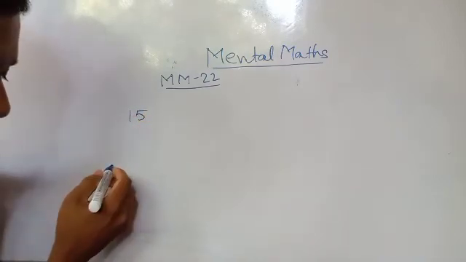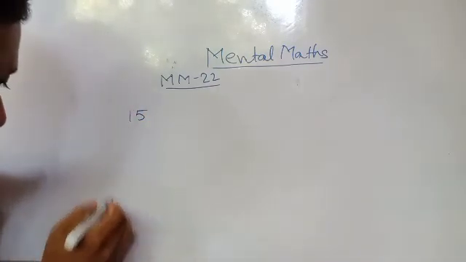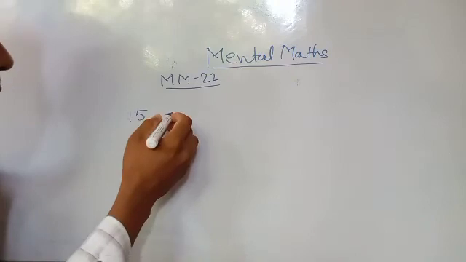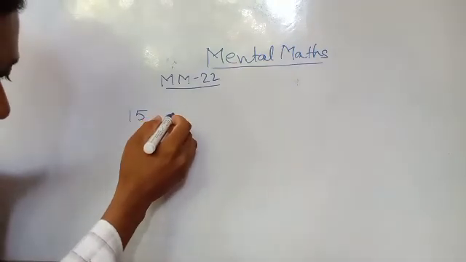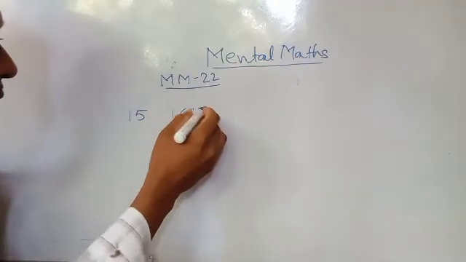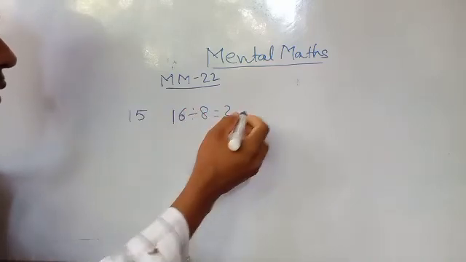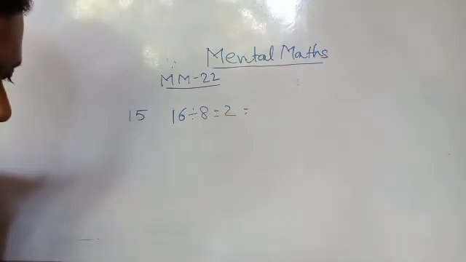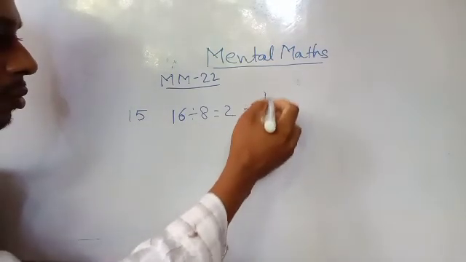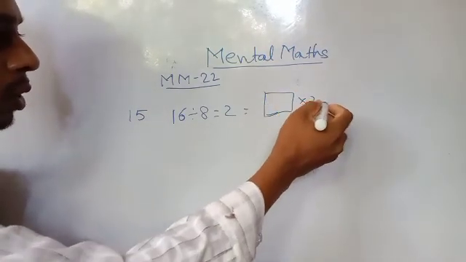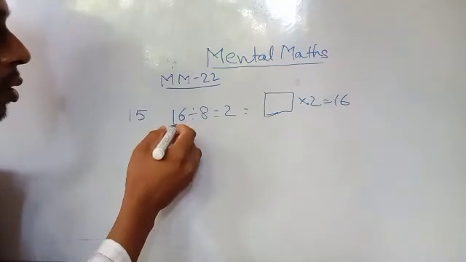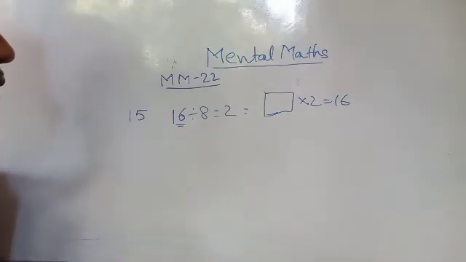Number 15. You have to find the multiplication fact for the division fact. The division fact given is 16 divided by 8 is equal to 2. Now you have to find the multiplication fact. They have given dash into 2 equal to 16, so this will be the product.